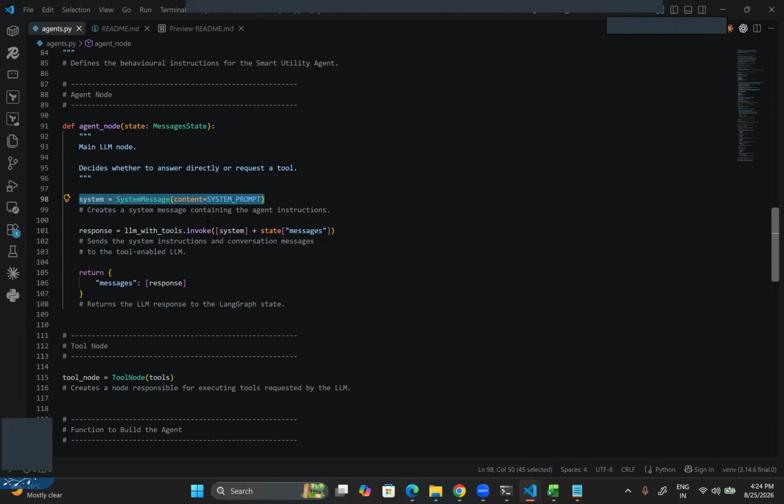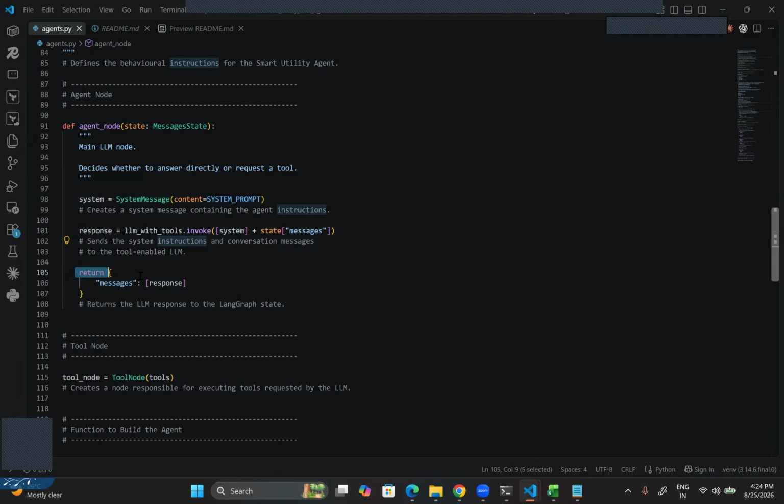Line one builds the system prompt. Line two sends the prompt plus the whole conversation to the model, LLM with tools dot invoke, and waits for a reply.